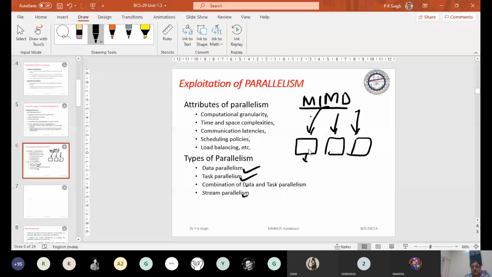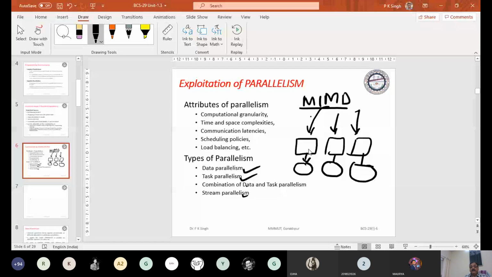This processor will do a certain operation on its own set of data, another processor will do another operation on its own set of data, and so on.